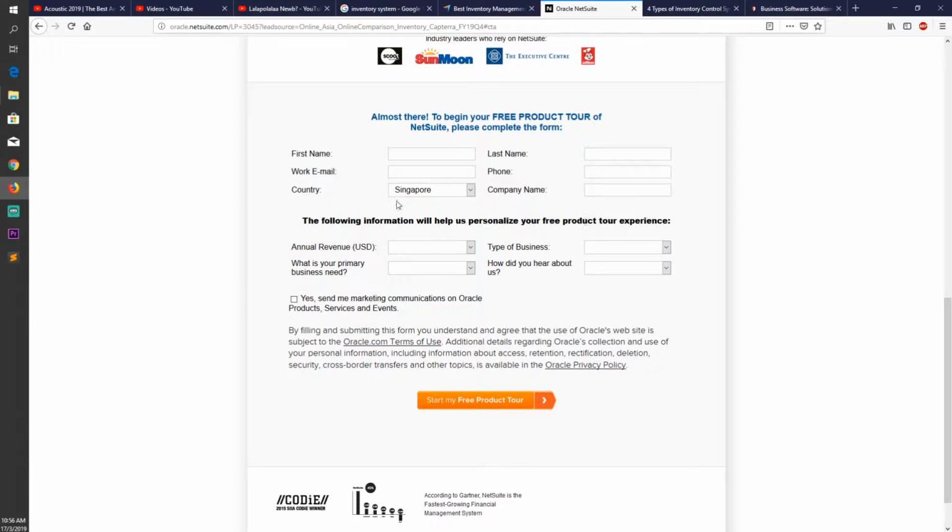And I already did this. When you fill out all this information, you tick yes and then start my free product tour. They're gonna give you an email, so you have to wait until they give you a tour on how the inventory system is gonna look like.